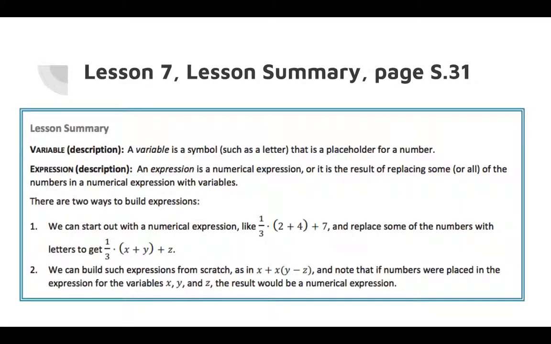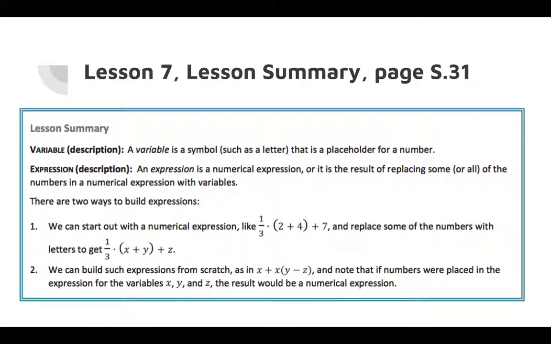So in our lesson for today, we talked about variables. Remember that a variable is a symbol, such as a letter, that is a placeholder for a number. An expression is a numerical expression, or it is the result of replacing some or all of the numbers in a numerical expression with variables. Some of them will have a combination of letters and numbers, and that's an expression. There are two ways to build expressions.